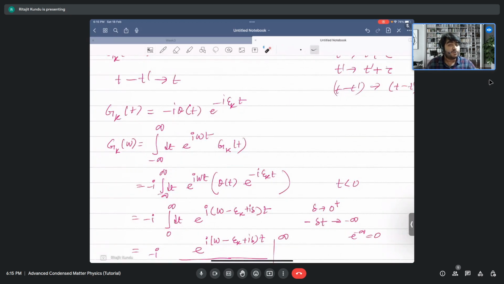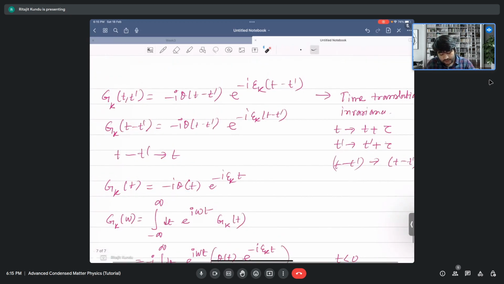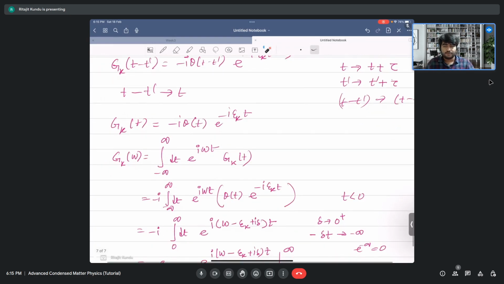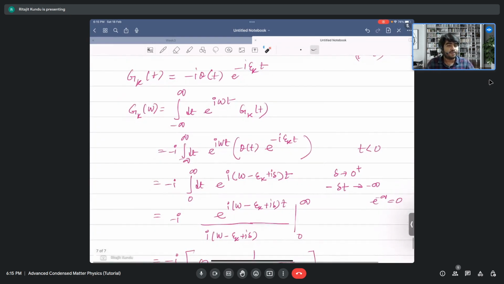If you don't want to define it like that, you can introduce the integral definition of the Heaviside theta function, and you can also get the same result. What I am showing is not the only way of doing it. Whatever you prefer, I find this the simpler way, because there you have to remember the integral representation of the Heaviside theta function, but here you don't have to remember anything.